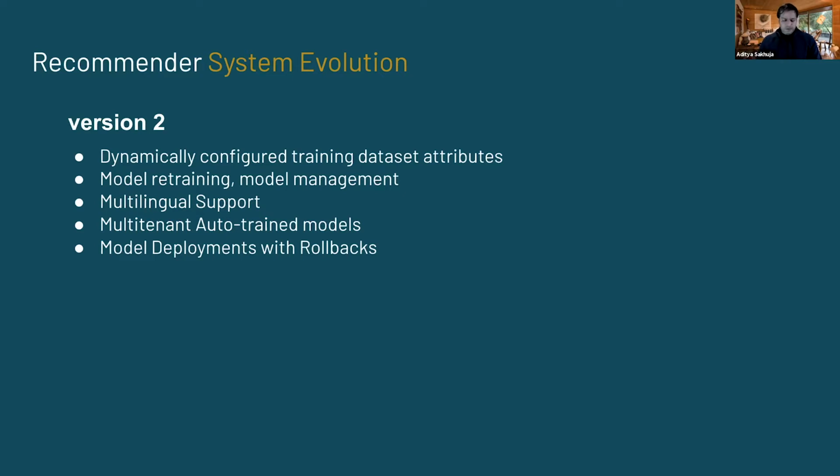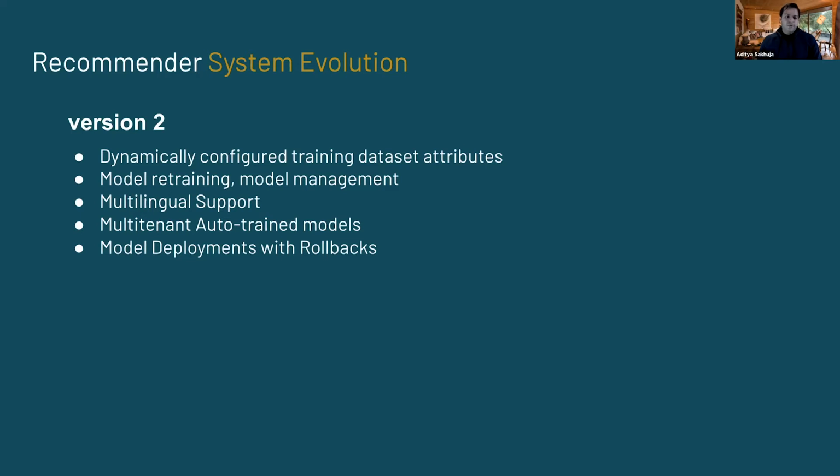As we will see in the coming diagrams, model management and retraining is key to our success, because we're not training just one model, we're training multiple models, being a multi-tenant platform. And we also went on to support different languages beyond English, to support our European customers. That was also a major milestone.